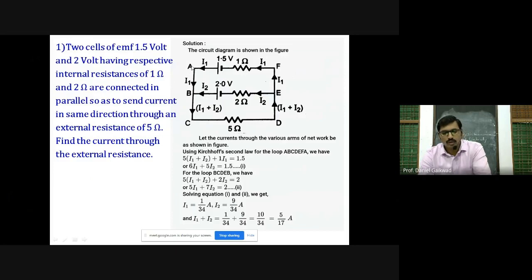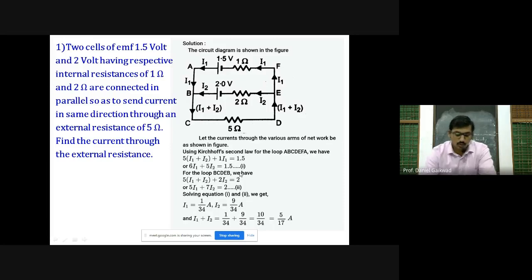Now we have the points A, B, C, D, E, F, A, with internal resistances r1 as 1 ohm, r2 as 2 ohm, external resistance 5 ohm, and EMFs 1.5 and 2 volts. We mark the current I1 through the first cell, I2 through the second cell, and I1 plus I2 at point B, flowing through the 5 ohm.